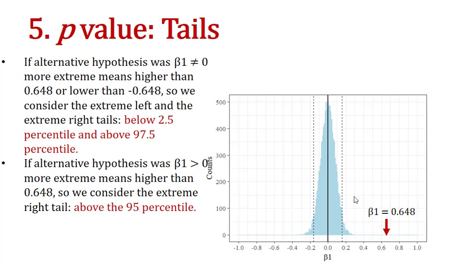So basically the cutoff won't be this one, which is the 97.5 percentile, it will be a bit to the left, that is the 95th percentile. So basically when we have a non-directional hypothesis, we look at both sides of the distribution, and when we have a directional hypothesis, we only look at the side where we predicted we would find the value of beta 1.